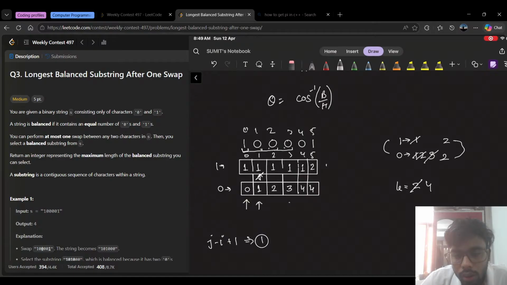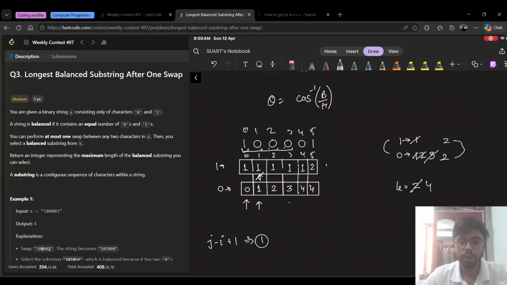If s of i equals to 1, then it will be plus plus. Otherwise, it will be equal to the previous. And again, if s of i equals to 0, then there will be plus plus. Otherwise, it will be the same.